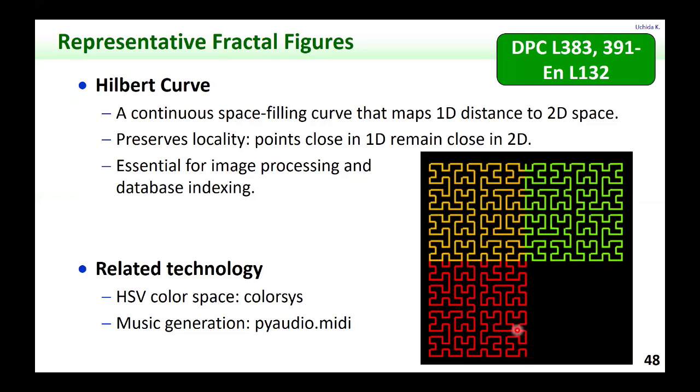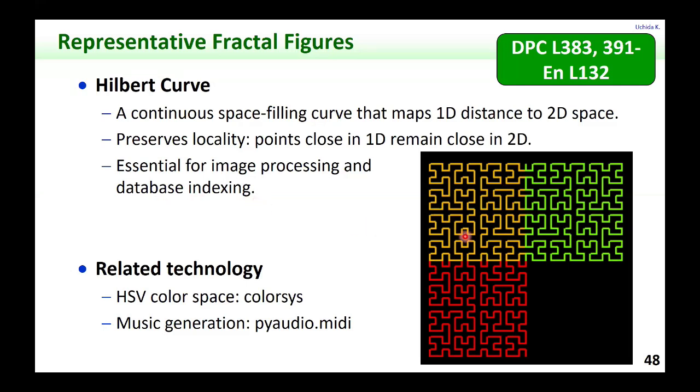But it is very interesting that when 2 points are near in the 2D, they are also near in the 1D scanning. So it preserves locality. Points close in 1D remain close in 2D. And essentially, this is a good way to scan data along two-dimensional space. So it is a very good application for image processing or database indexing.